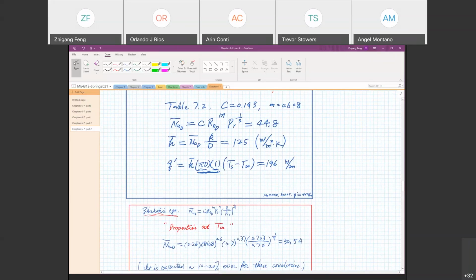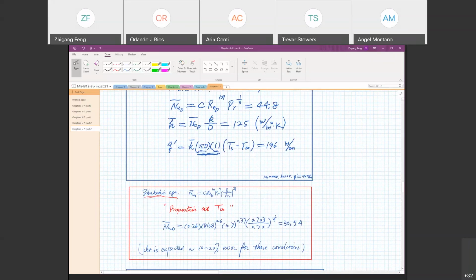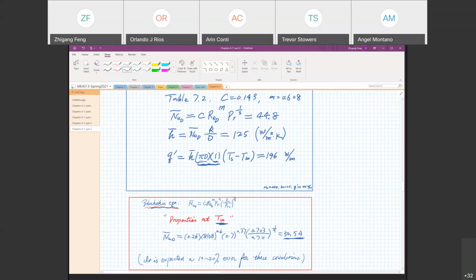Now, I also tried the second correlation, the Zukauskas equation. For this correlation, the properties are evaluated at T infinity, the fluid temperature. I did the calculation and it turned out to be 50.4, compared to the Hilpert equation result, which is about 45, and here is about 50.